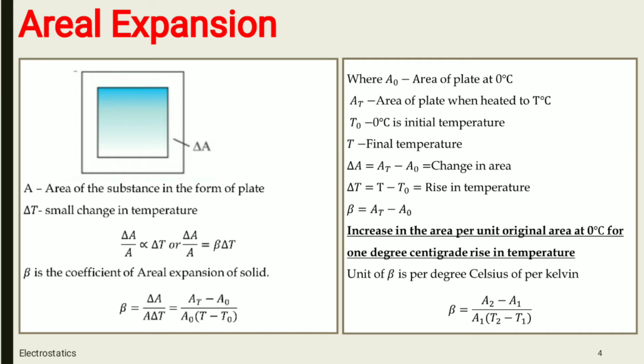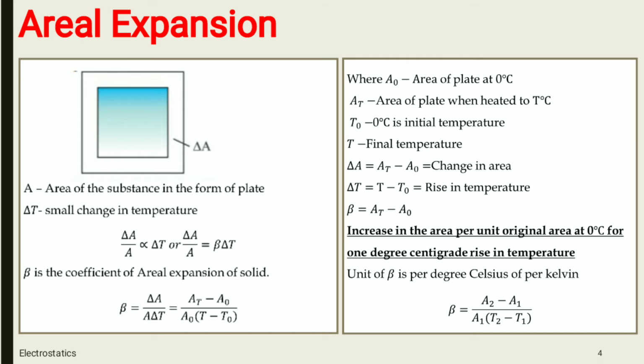When after changing the temperature, there is a change in the area of the solid, that is, the increase delta A in the surface area on heating is called areal expansion or superficial expansion.